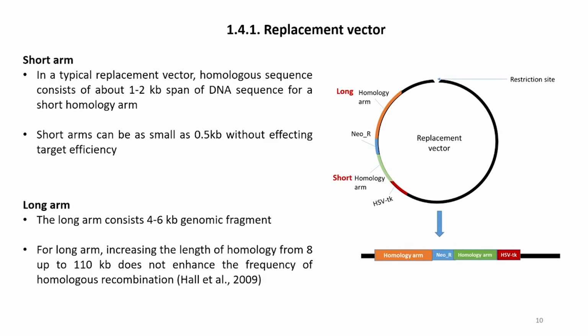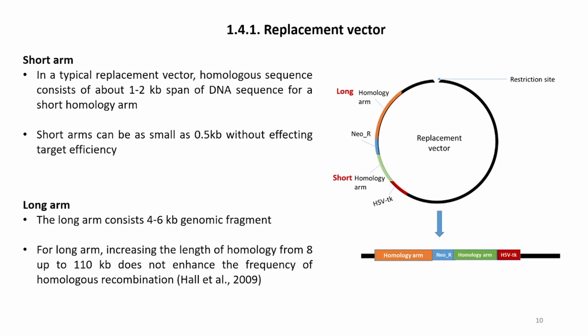Now there is a short arm and there is a long arm in this replacement vector. So in the short arm of a typical replacement vector, the homologous sequence consists of about 1 to 2 kb span of DNA sequence, and it can be as small as half kb without affecting targeting efficiency.